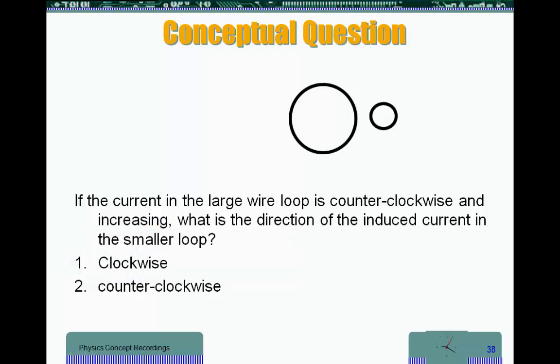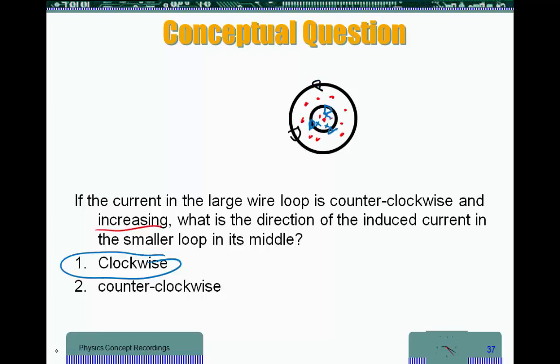Now here the situation is different. The current in the large loop is counterclockwise, like the previous case, and increasing. What is the direction of the induced current? We are going to use the right-hand rule again. Remember here we have figured out that inside the loop the magnetic field is out of the page, perpendicular to the page.